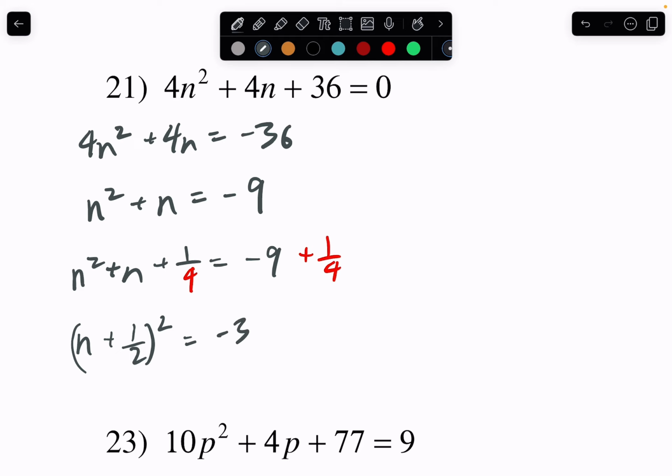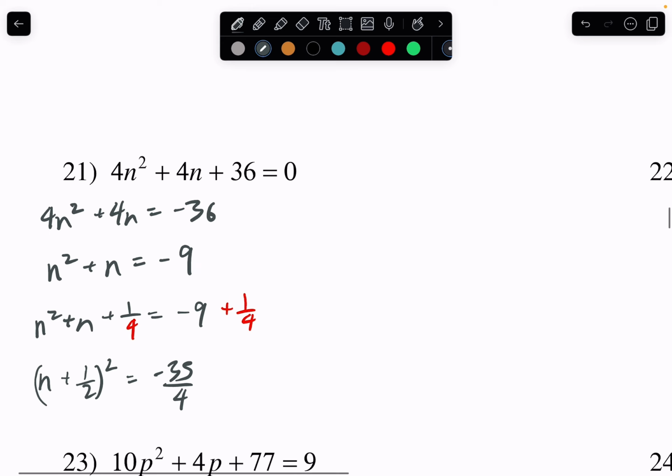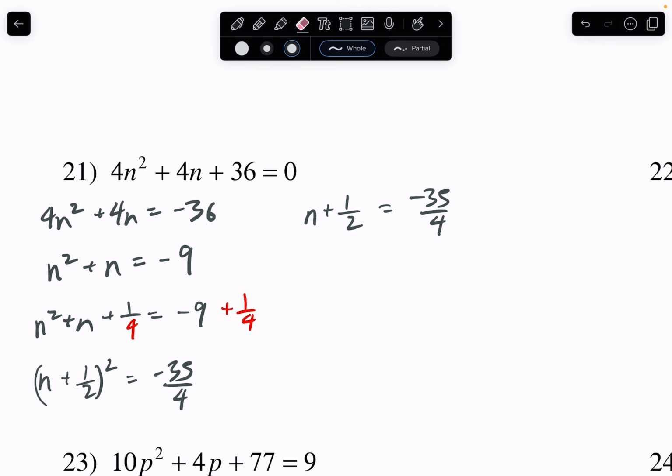Thirty-six, 35 over 4. I think we can proceed. I'm very close. I was very close. Oh wait, no. Plus minus I square root of 35 over 2, right?